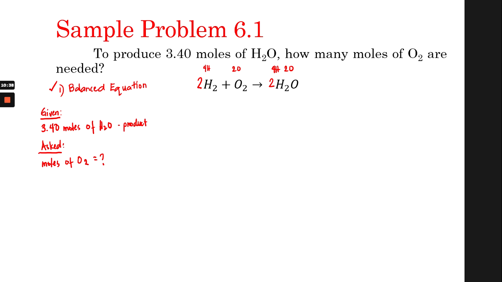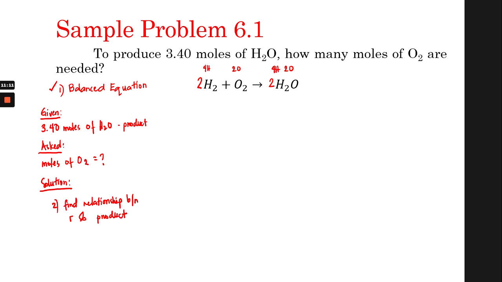After identifying our given and what is being asked, let's go on to our solution. Under the solution part, the next thing that you have to figure out, number 2, is to find the relationship between reactant and product.